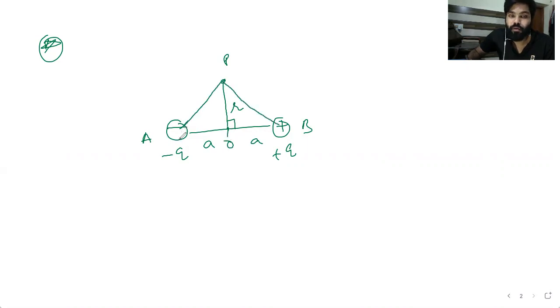The electric field by minus q at P will be towards minus q, because a negative charge makes the electric field towards itself, and that of a positive charge will be away from itself.